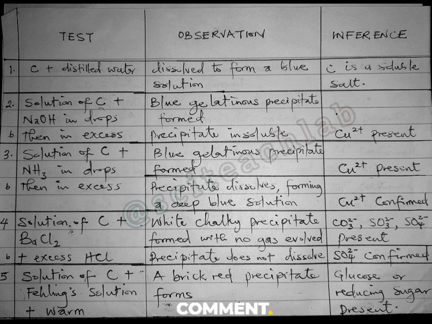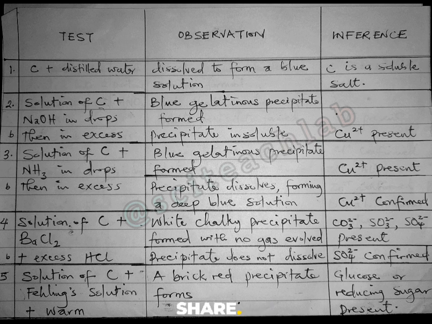I'm sure your examiners will prepare the Fehling's solution and keep it there for you, because Fehling's solution is a mixture of Fehling's A and Fehling's B. If it's not prepared for you, you'll be given steps in your question paper to prepare it. So don't be afraid. But most times the Fehling's solution has already been mixed up and kept there for you. So you just add the already prepared Fehling's solution into the solution of C and check what you observe.